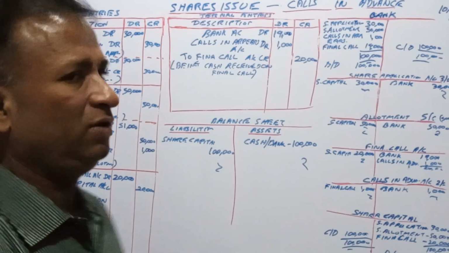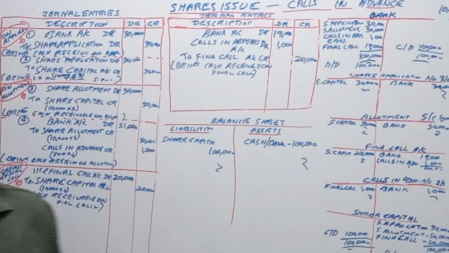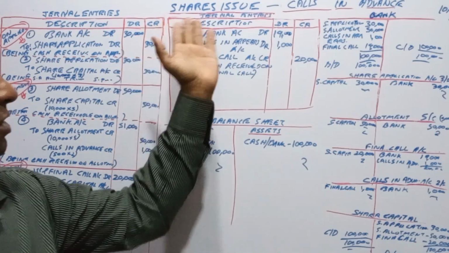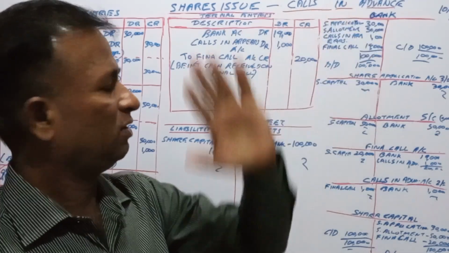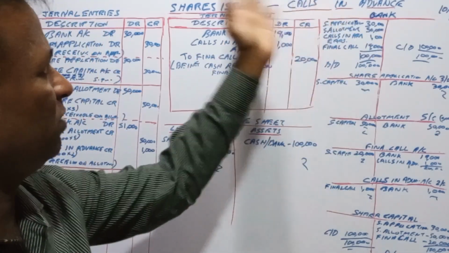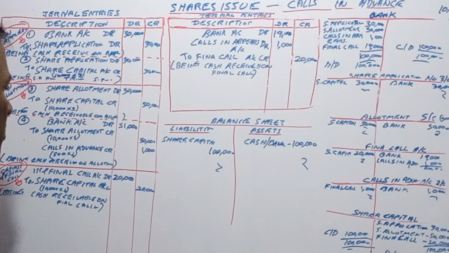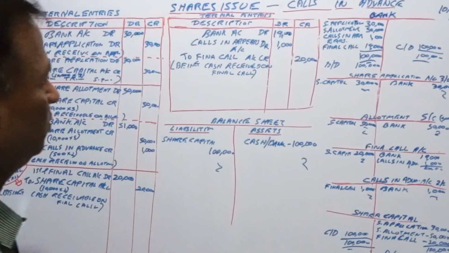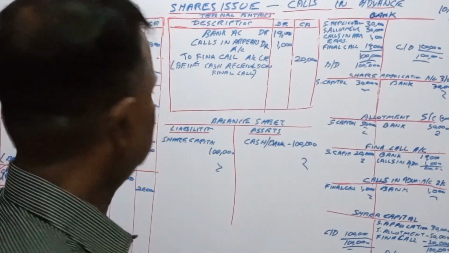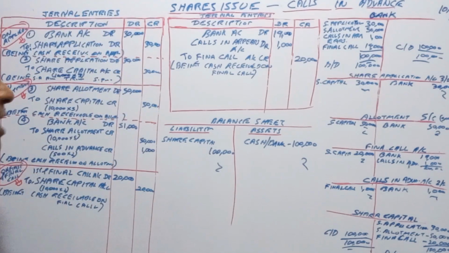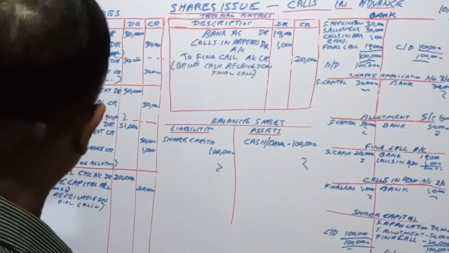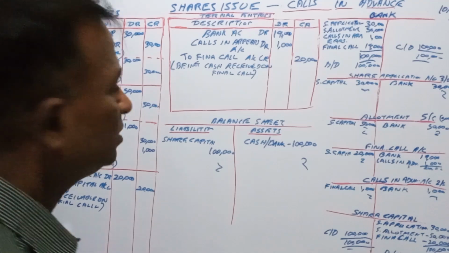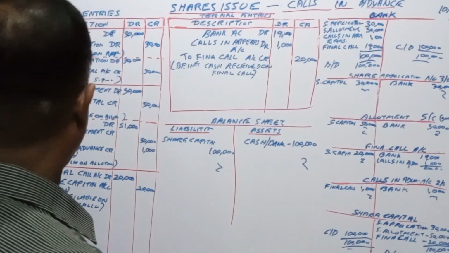So have you understood the logic behind the shares issue at calls in advance? That is, when you are getting an advance, you have to transfer it to the calls in advance account. Here, at the time of share allotment, you are getting the cash for the share in advance.